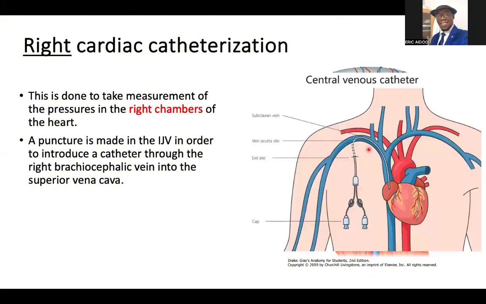If you look at this, that is the vein access site, and then you insert the tube all the way to the right atrium. Then you have a slit in the skin, which the instrument exits, and then hangs outside so that it can be monitored using the correct device.